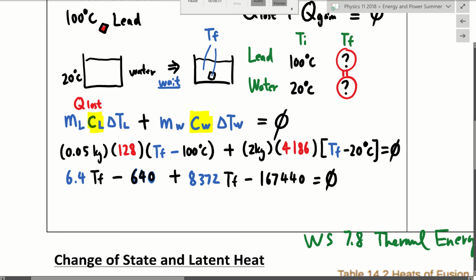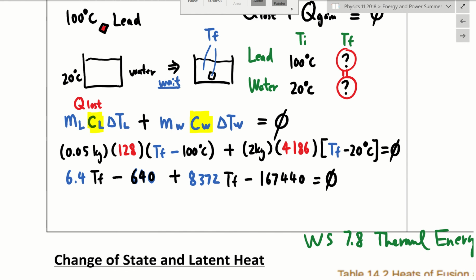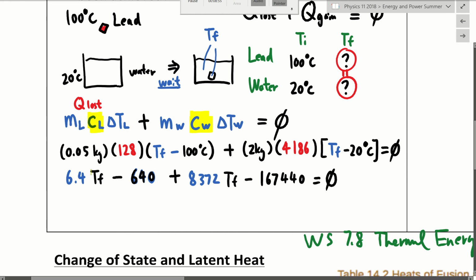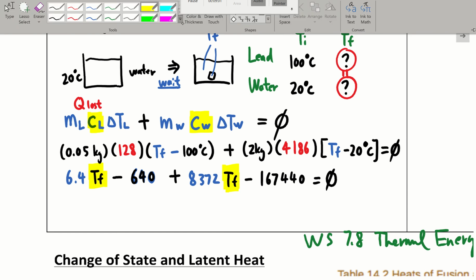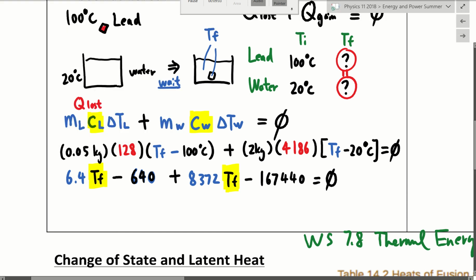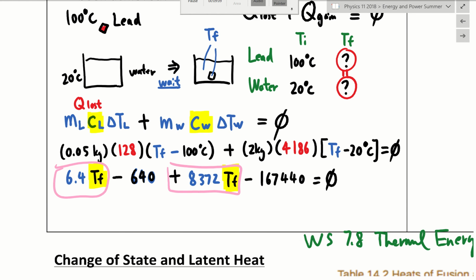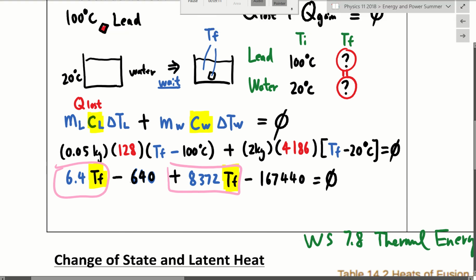Now, at this point, you have to do some algebra. We have two T final terms in here. So what I want you to do is to leave those T final terms together on one side and move everything else to the other side. So these two stay on the left. Move the 640 and that negative thing to the other side, right?